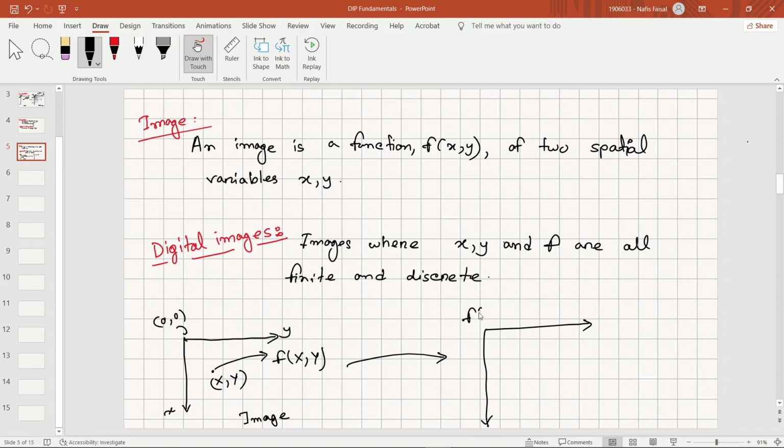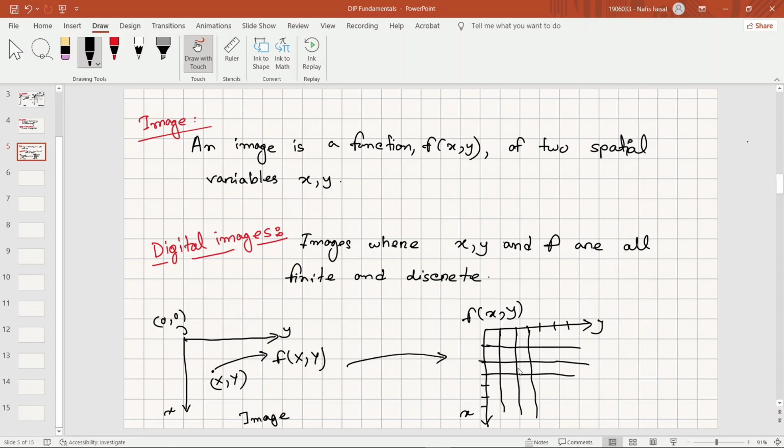If we sample along the x and y axis, and not only sample but also quantize each and every one of the values, as we have learned from our signal processing course what quantization and sampling means, then what we get is a digital image. There, our signals were one dimensional.